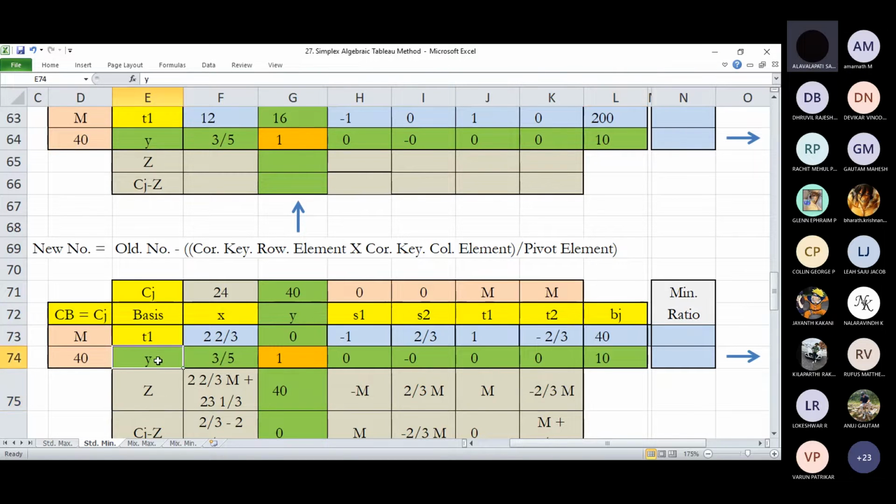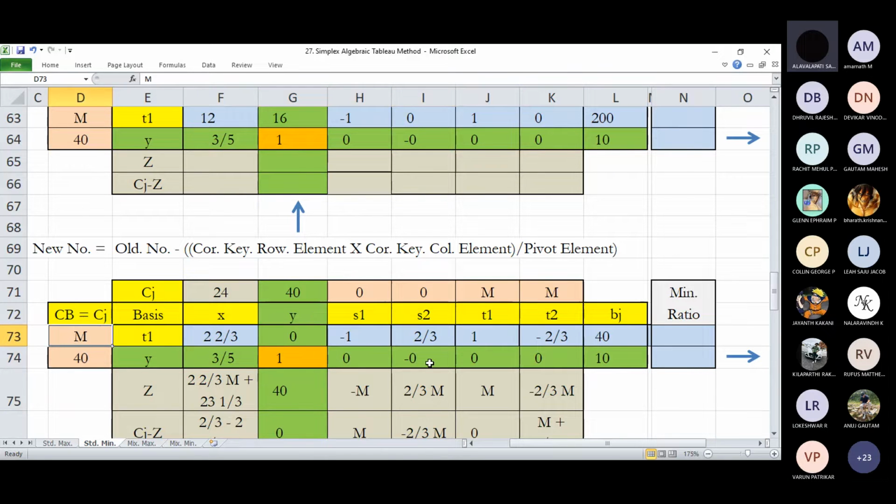We know that t2 becomes y, so we substitute the coefficient here, which is 40. So this is m into 2 by 3 plus 40 into 3 by 5. That's what is given here, the value of z. So m into 0 plus 40 into 1 is 40 here. Then minus m plus 0 into 40, it is minus m.